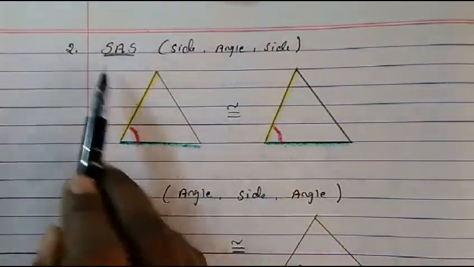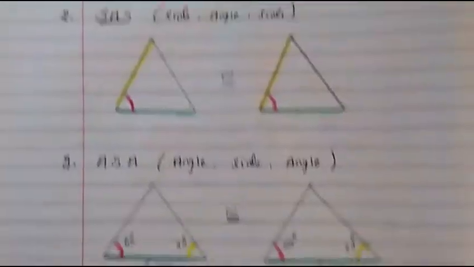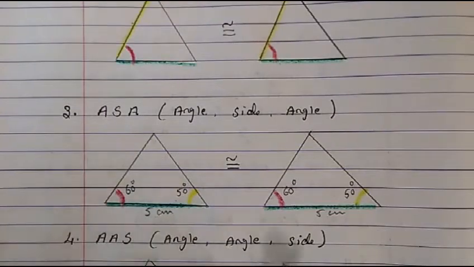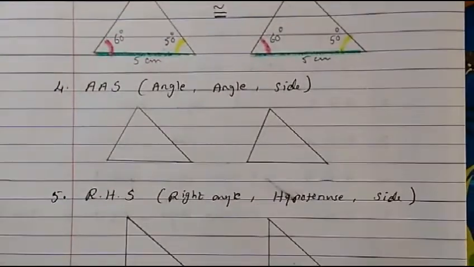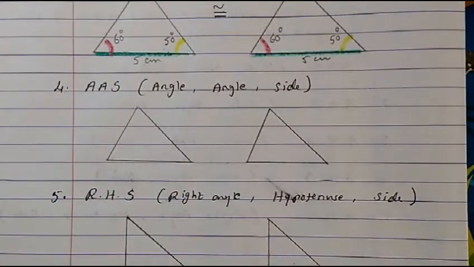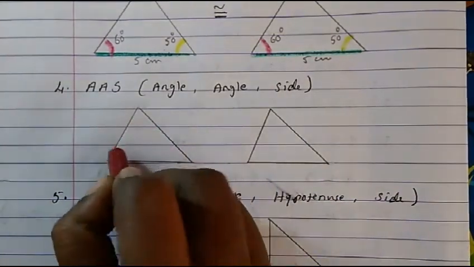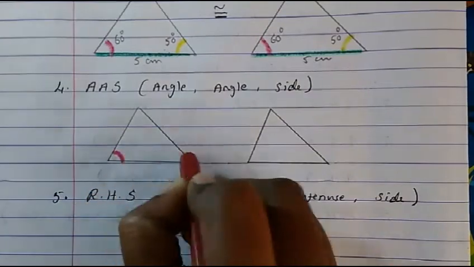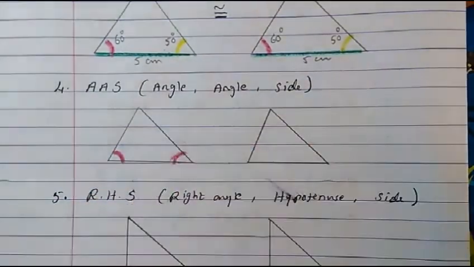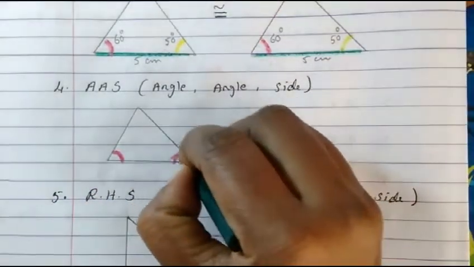The first condition is side, angle, side. Here is the angle, side, angle condition. Then comes the fourth, angle, angle, side. That means two angles should be continuous: angle, angle, then side, continuous.